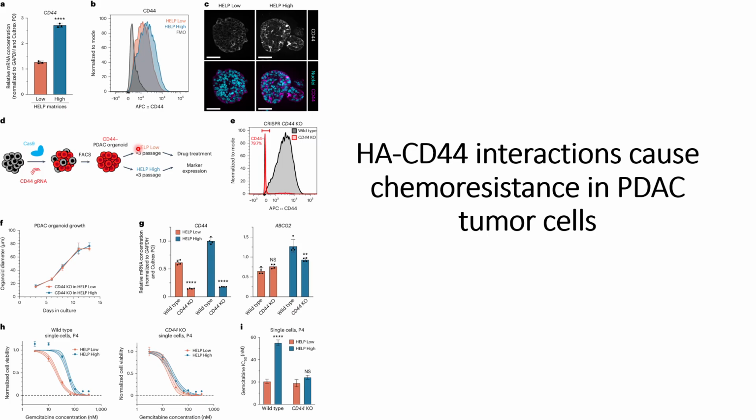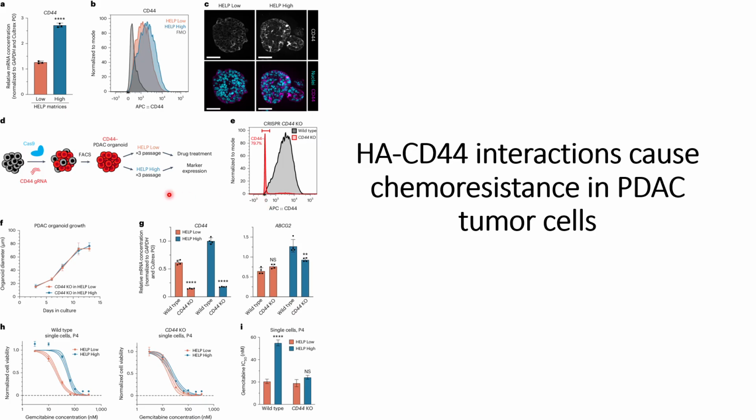and then they cultured those PDAC organoids in the low HA matrices and the high HA matrices, and thereafter they did the drug treatment to check the marker expressions. In panel E they validated this knockdown of CD44, where we can see that in the wild type the CD44 expression levels are high, whereas in the knockout CD44 expression levels are low or negligible.